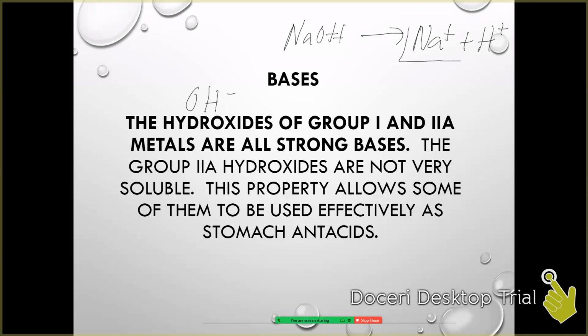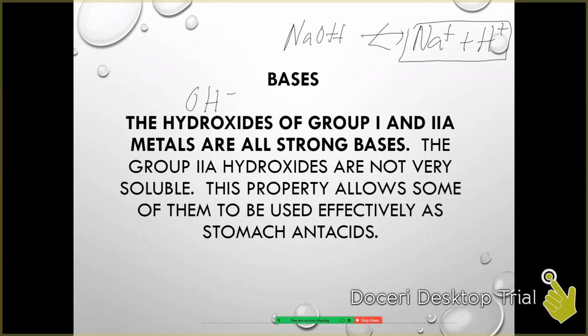So these ions would be greater than the original.